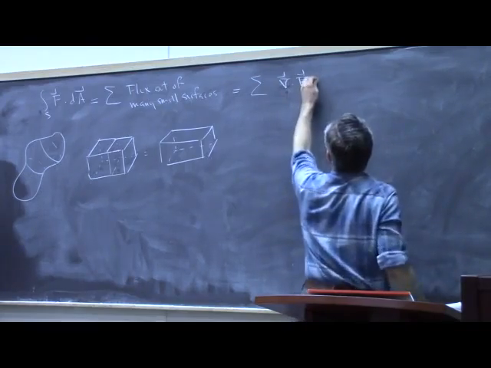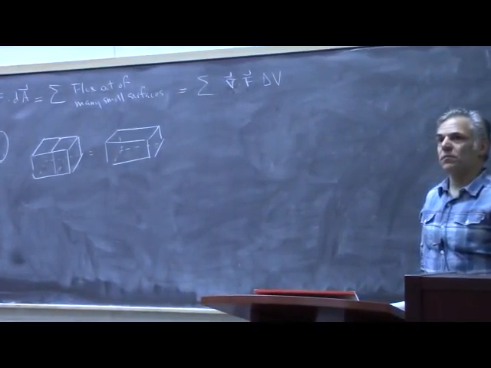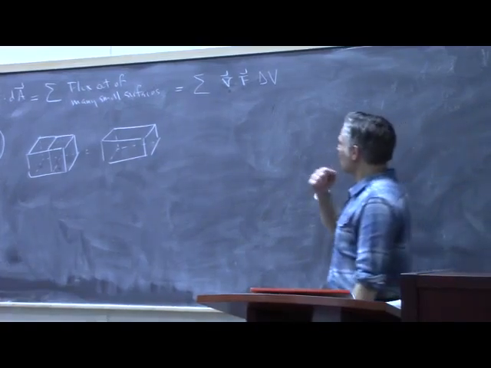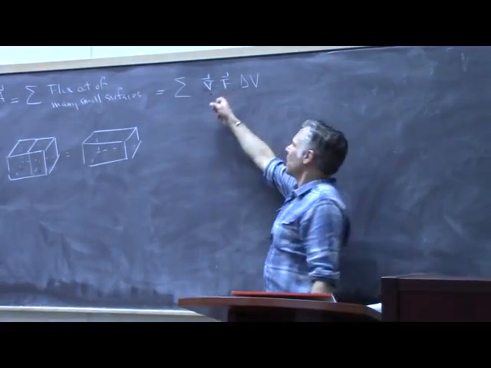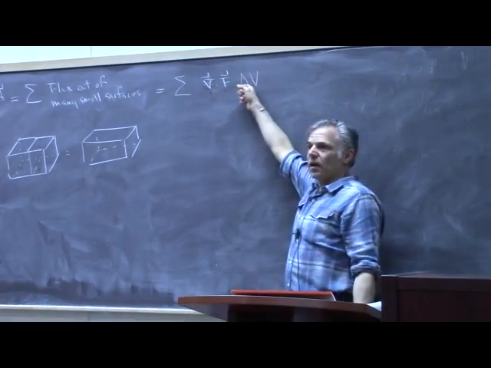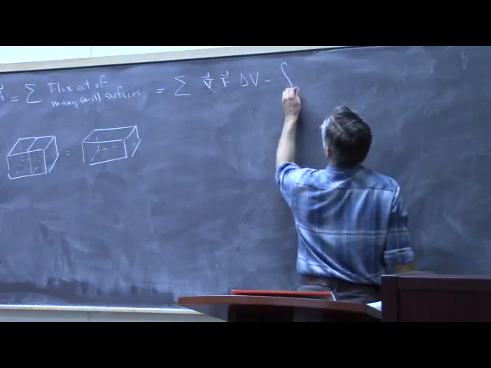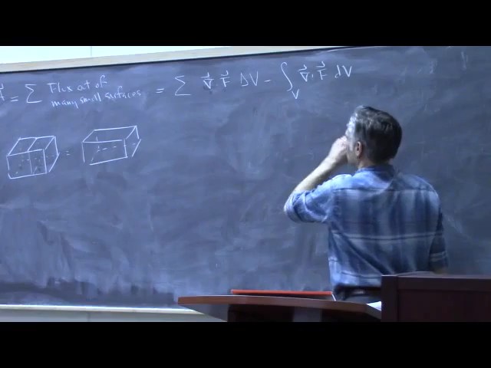Flux density times volume gives you flux, just like density times volume gives you mass. And now you can probably see where this is headed. Hey, we're summing up a whole bunch of small delta v's. Aha, that's a volume integral. V del dot F dV.